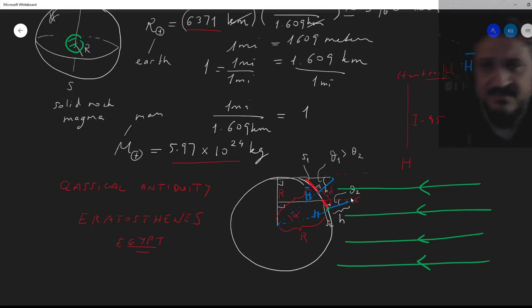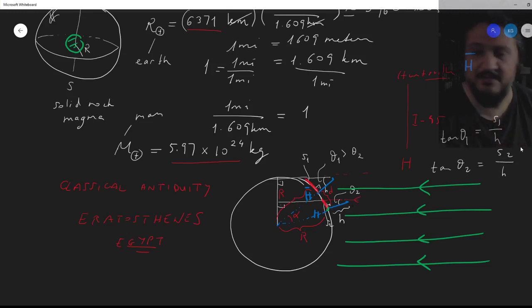And using simple trigonometry, like tangent, tangent of theta 1 is the side opposite divided by side adjacent, right? So S1 divided by H. Similarly, tangent theta 2 is equal to S2, that is this side, divided by H, right?